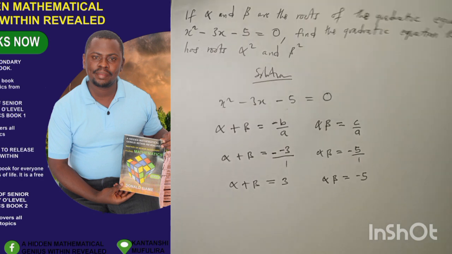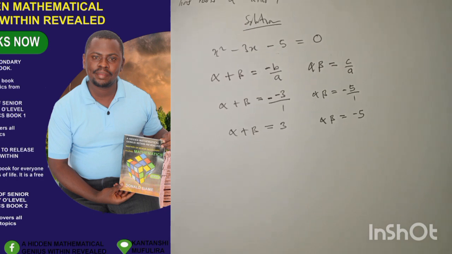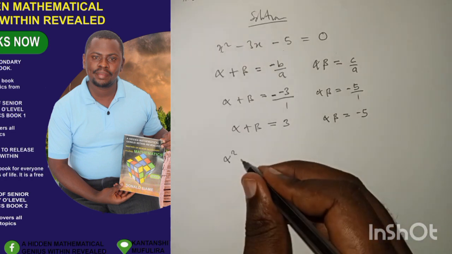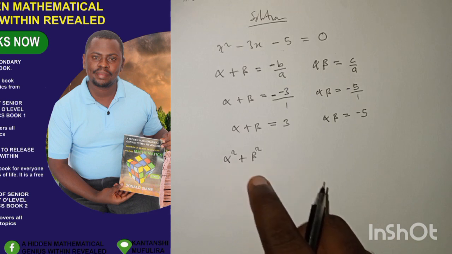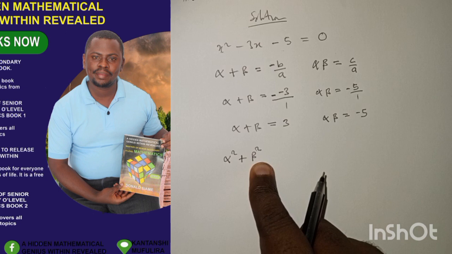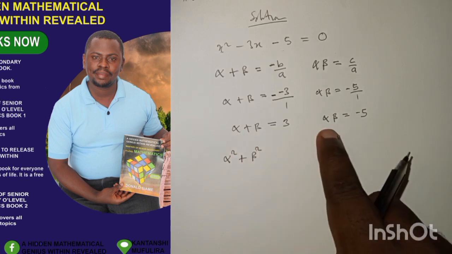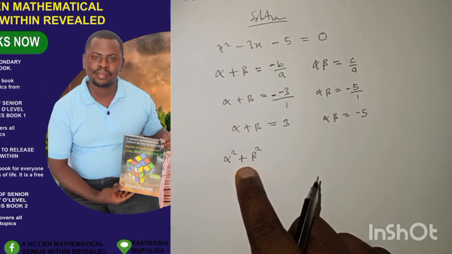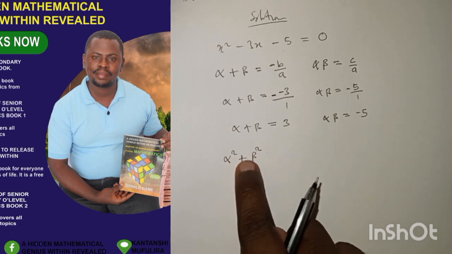So we have alpha squared plus beta squared. That will be for the sum. Now this alpha squared plus beta squared must be expressed in terms of alpha plus beta and alpha beta, and if you remember very well, this is an identity.